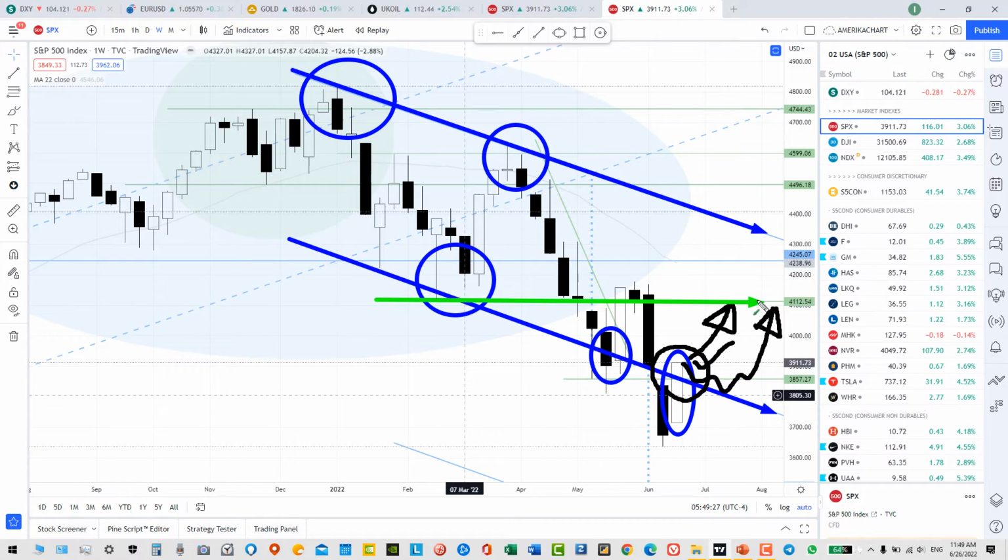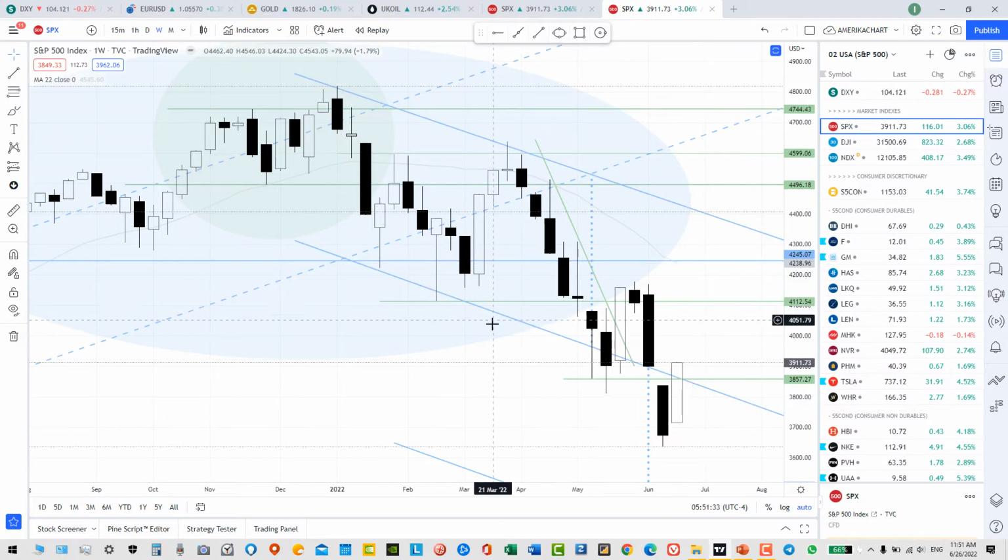And of course, if the correction is strong enough, it may target the very important weekly resistance around 4,245, ranging up to 4,300. So it depends upon the strength of the correction. But it is always considered a correction as long as the downtrend is valid.